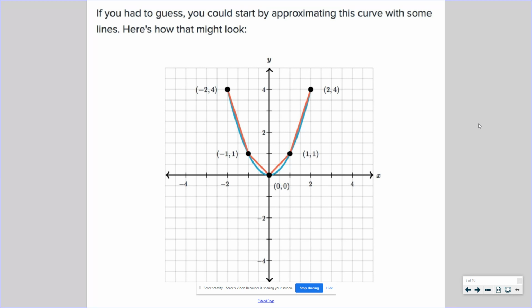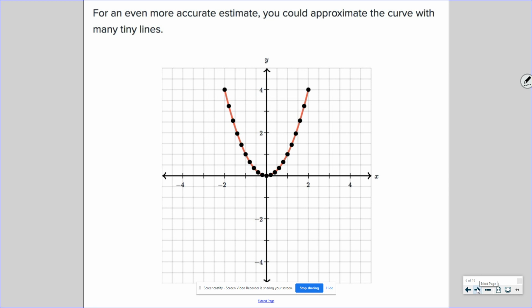What we could do is find the distance from a couple points to a couple of different points to each other using the distance formula, right? So we could say, what's the distance from here to here, and then here to here, and then add all these up. So that would be an okay way to do it. And obviously it would get even more accurate if you could add a bunch of tiny lines.